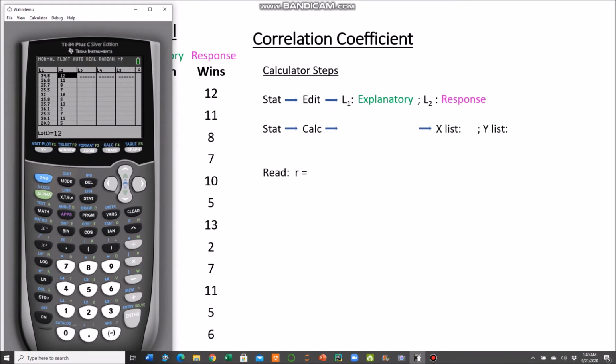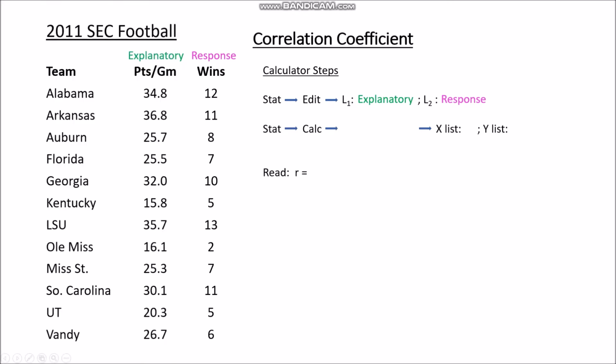After we've keyed in our data, we need to actually run our calculations. In the stat calc menu, you're going to scroll down because we're trying to do a regression model. You've worked with these before. Option 8 is the one we care about, LinReg A plus BX. We're always going to pick option 8.